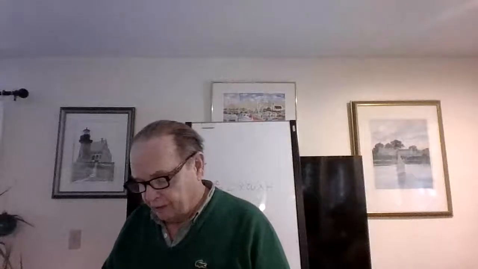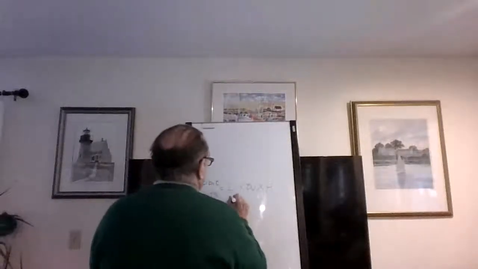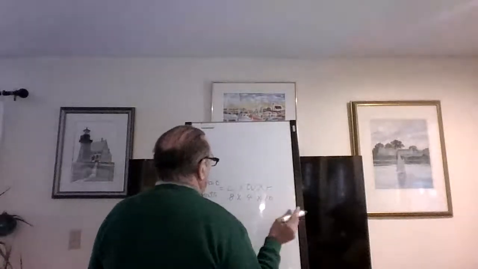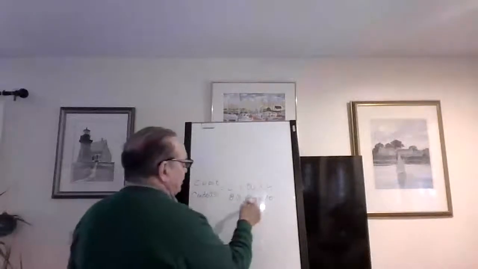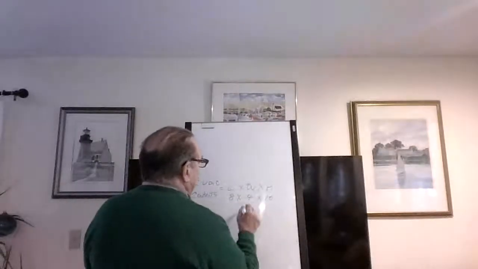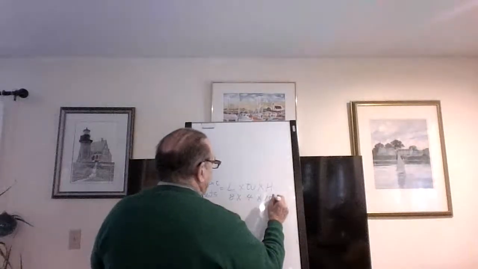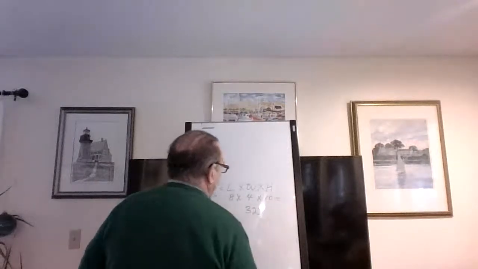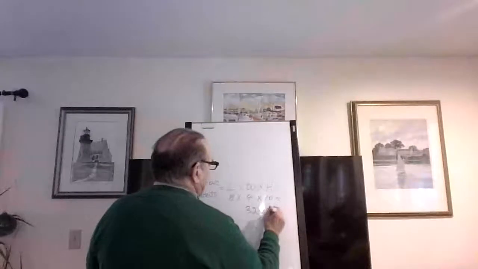In this case, they just give you measurements in feet, so that's going to work out to cubic feet. It's three-dimensional. So it's 8 by 4 by 10. This one you could actually do in your head. 8 times 4, 32 times 10, 320. So this equals 320 cubic feet.